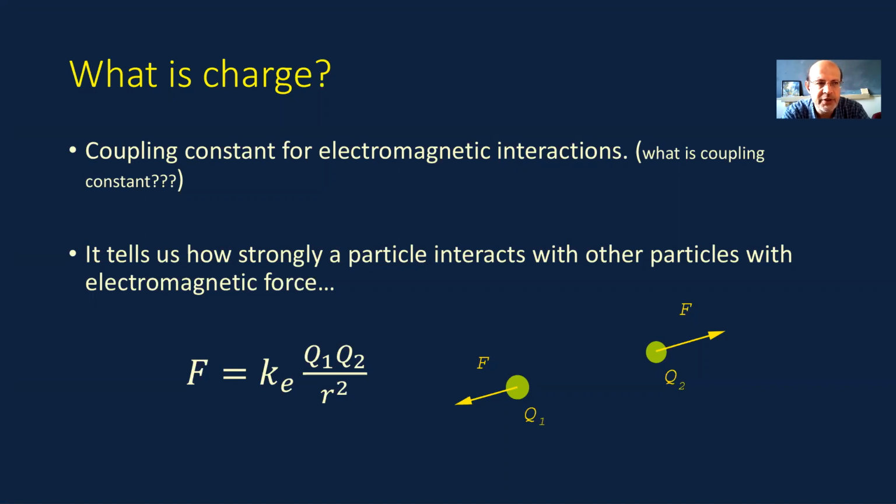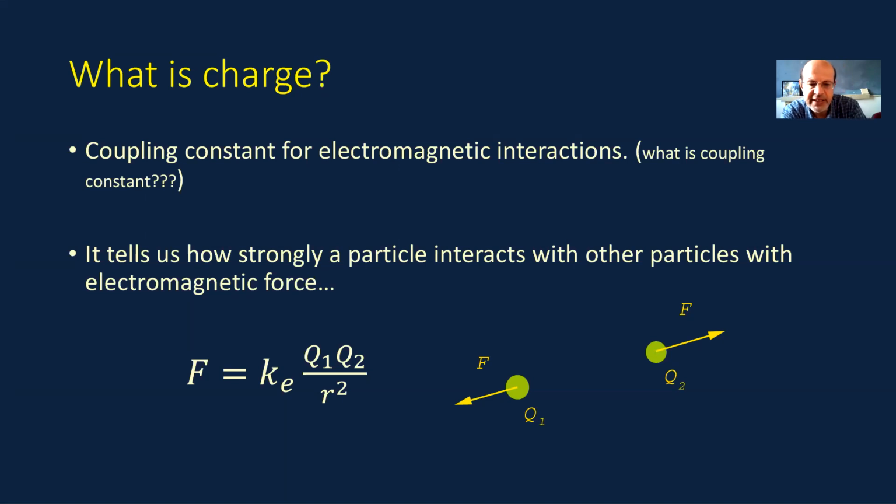All right, so as a result, the amount of charge is a quantity that tells us how strongly that particle interacts with this particular type of force. So the charge is the coupling constant for electromagnetic interactions. Mass is the coupling constant for gravitational interactions.